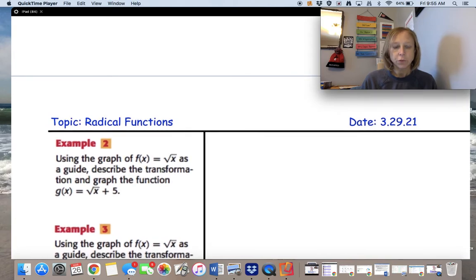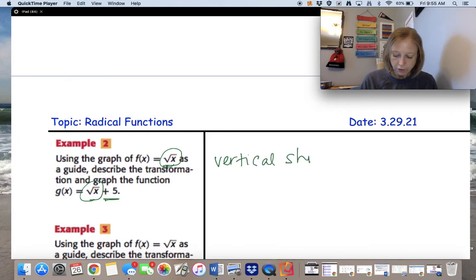All right, our first one asks us to use the parent function of the square root of x as a guide, and we're going to describe the transformation and then graph. So the parent function is just the square root of x, but this has the square root of x plus a 5 at the end. And we know adding 5 at the end means it's a vertical shift, or you could say translation, up 5.